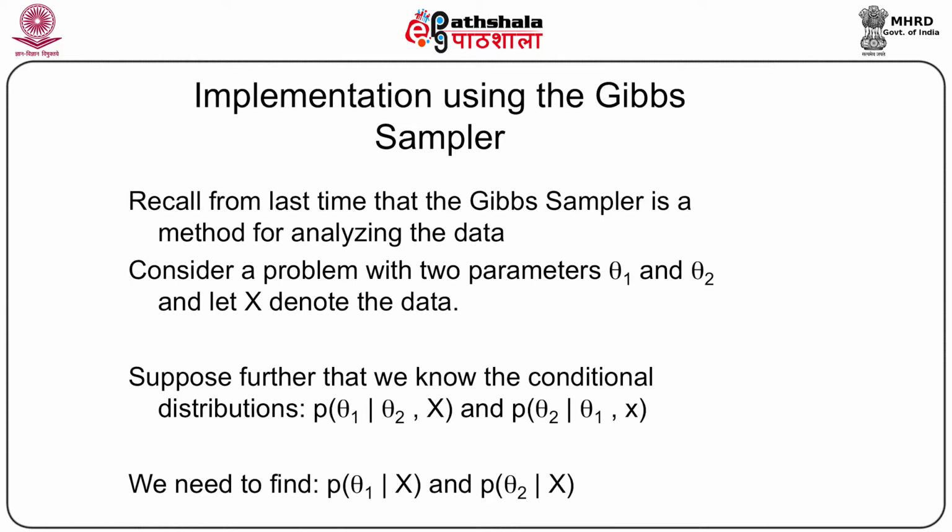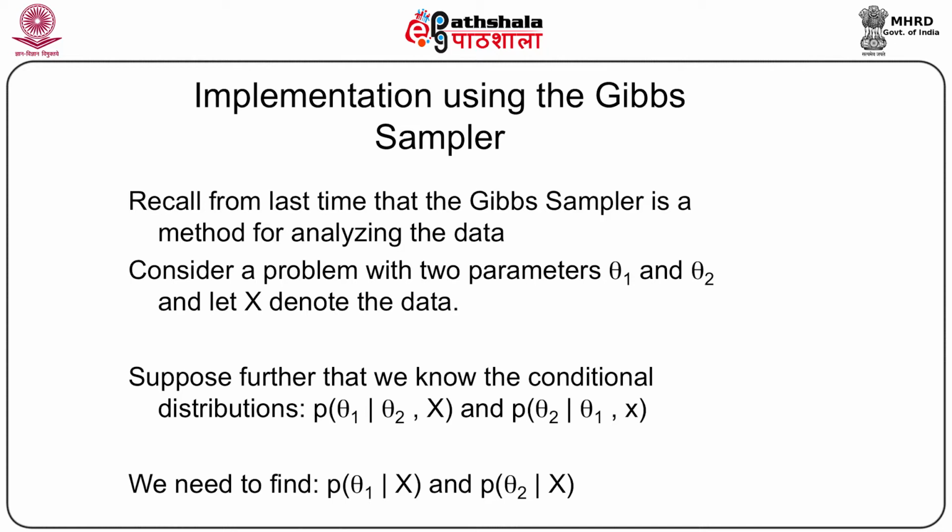Let us talk about the intuition behind the Gibbs sampler. We consider a problem with two parameters, say θ1 and θ2, and let x denote the data. Suppose further that we know the conditional distributions P of θ1 given θ2 and the data x, and P of θ2 given θ1 and x.